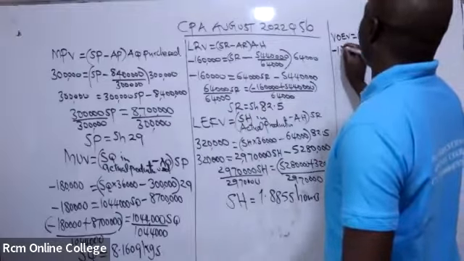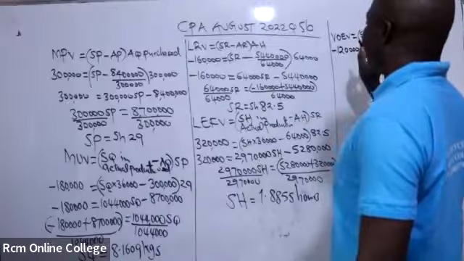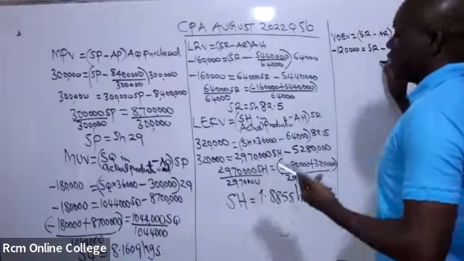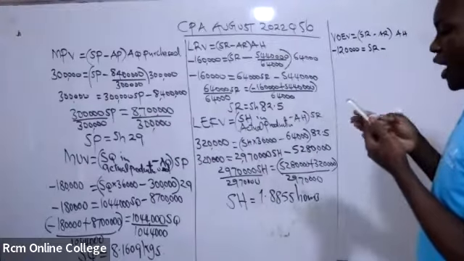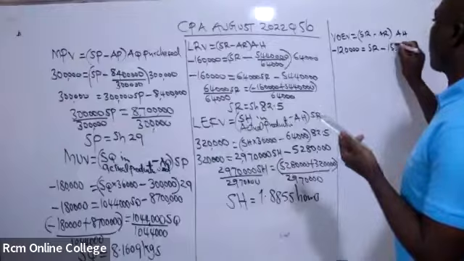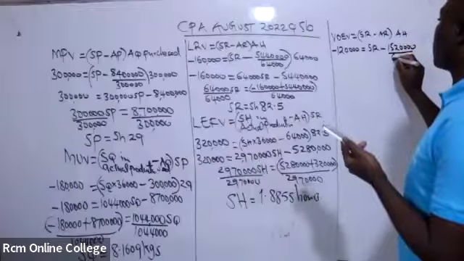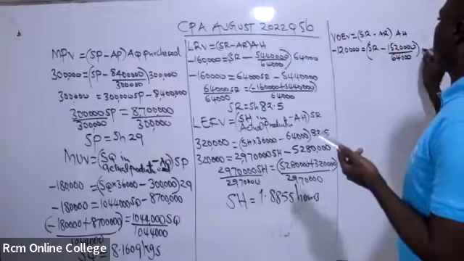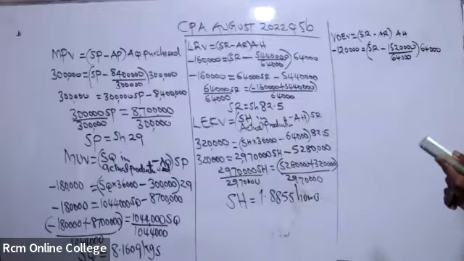So a negative of 120,000 is equal to standard rate minus actual rate. Do we have standard rate? No, we do not. Do we have actual rate? We can get that. We go to the actual variable production overheads of 1,520,000, and divide by actual hours of 64,000, then multiply by 64,000.